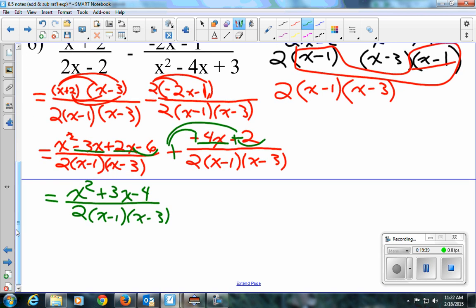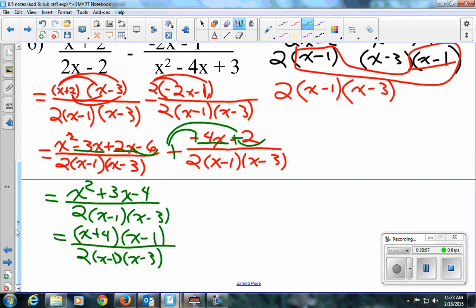Last step, we've got to factor the top, see if I can simplify this. This one actually does. So x squared plus 3x minus 4 is going to be x plus 4 times x minus 1. Still over my nice factored denominator, 2 times x minus 1 times x minus 3.